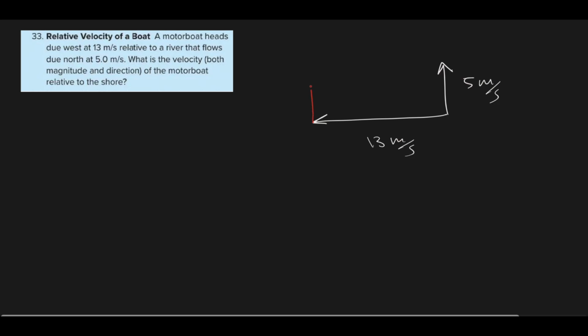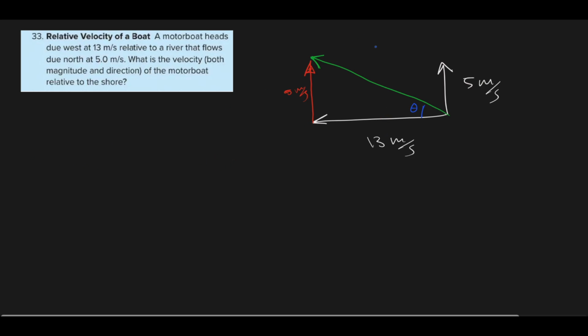Okay, and this is 5 meters per second. And the resultant velocity is going to be this. The direction is going to be this angle here, theta. Okay, so let's do it.